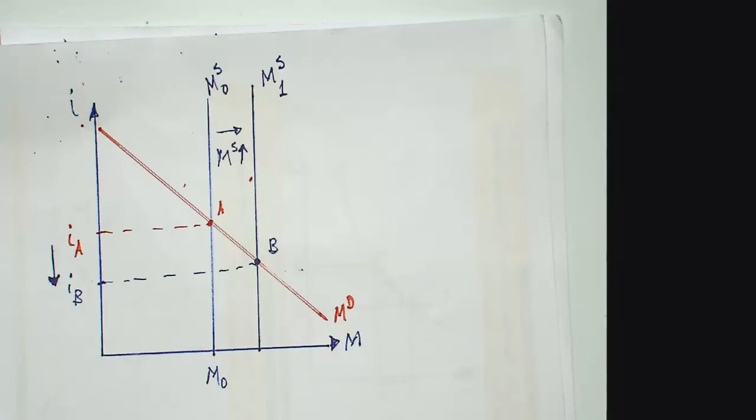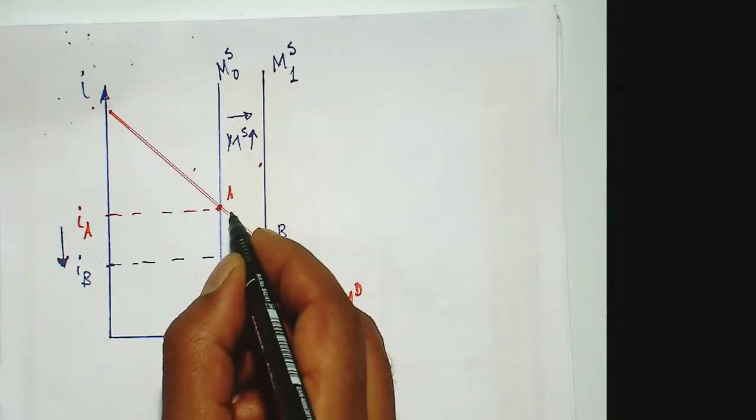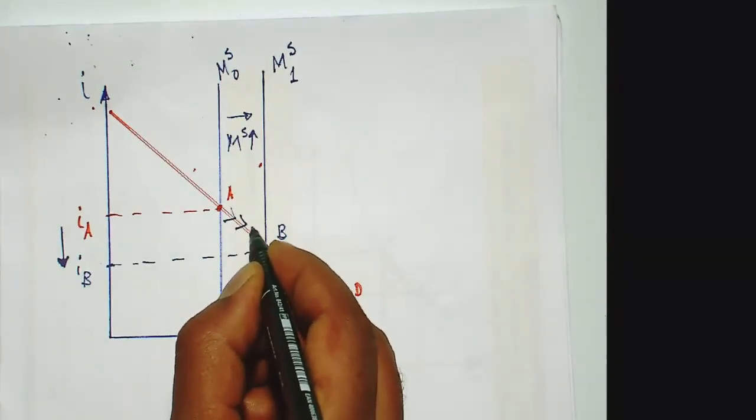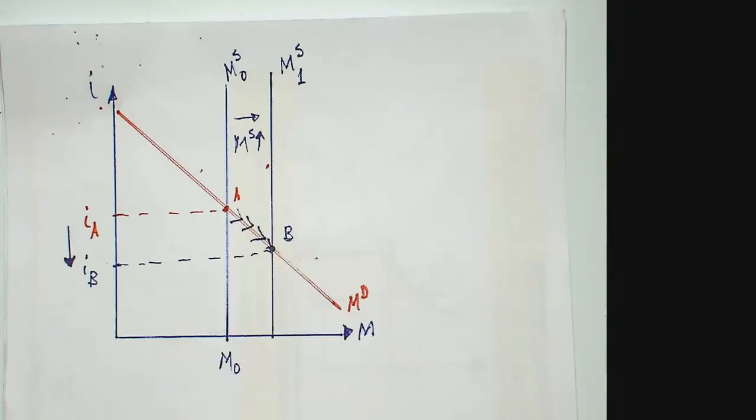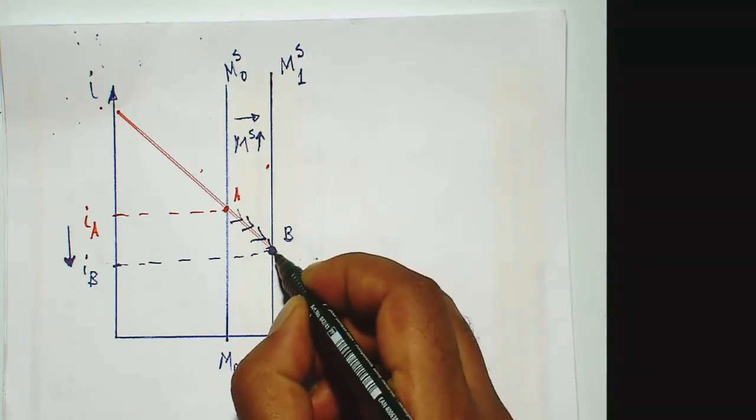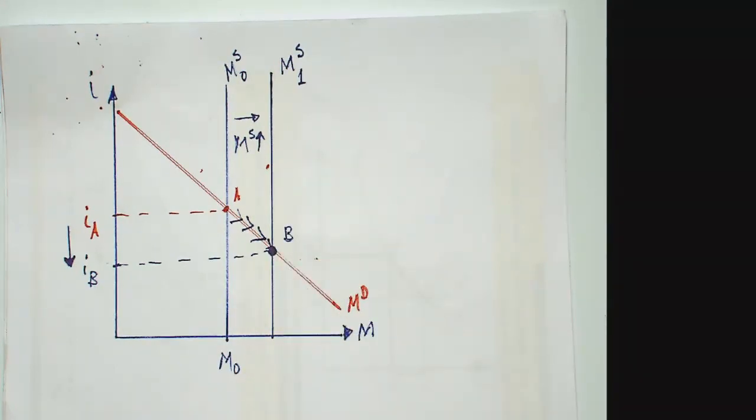So there would be an increase in money demand, in this direction of your graph. This increase in money demand, motivated by the reduction in interest rate, would go ahead until we reach point B of our graph, which says money demand is equal to money supply, or again, the equilibrium on the money market.